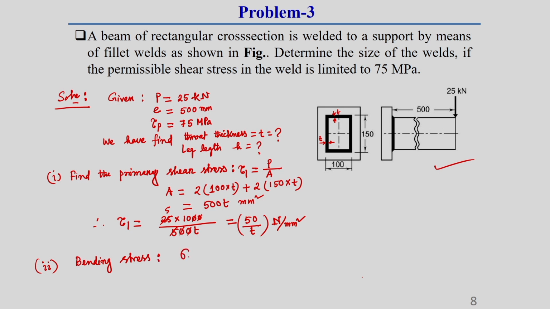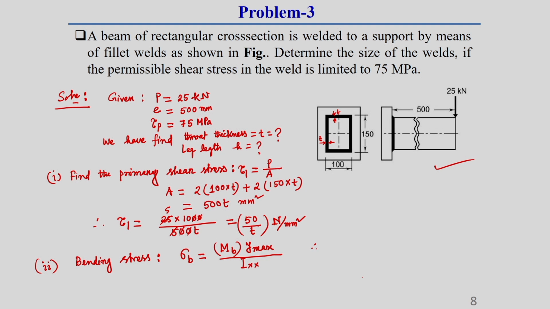For bending stress calculation we know sigma b equals bending moment Mb into y max divided by Ixx. Ixx is the moment of inertia about the xx axis of all weld, which I will also show you.